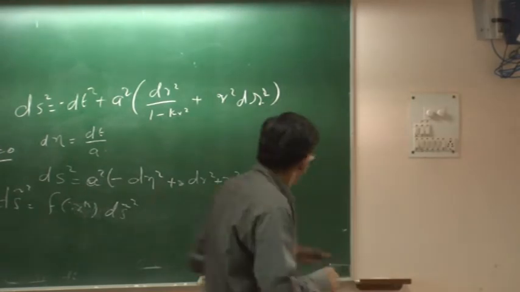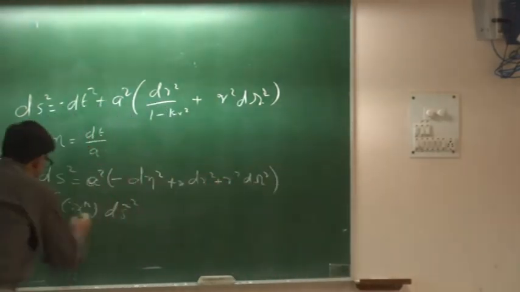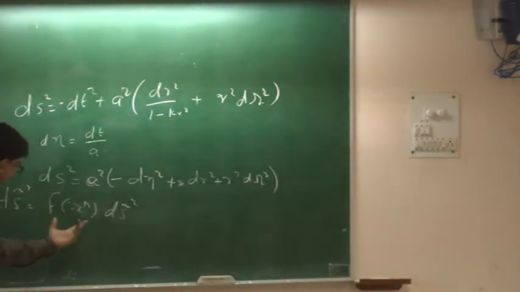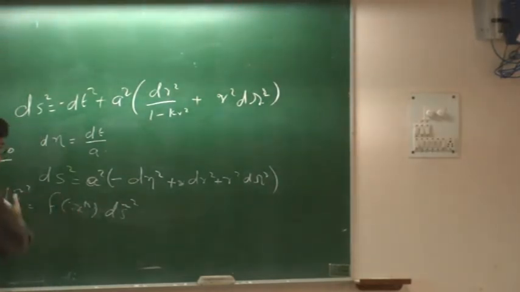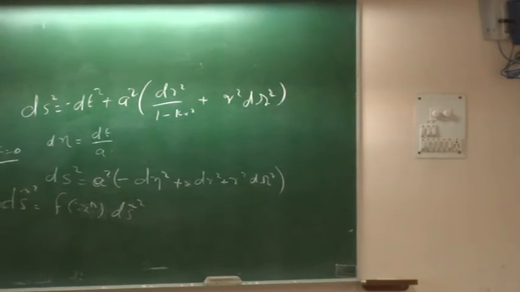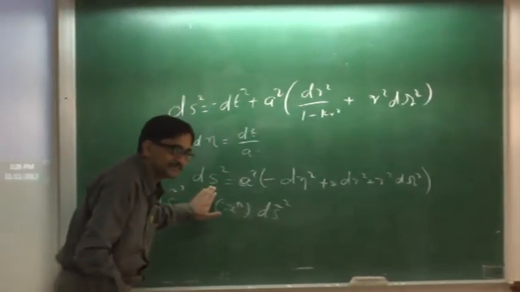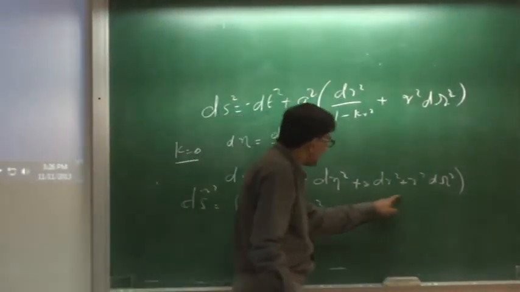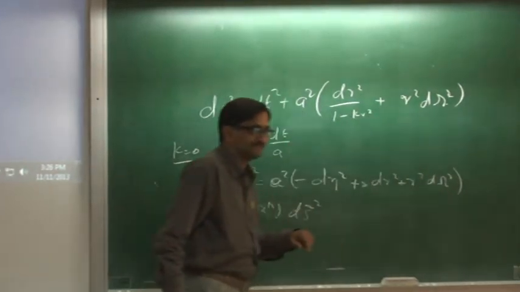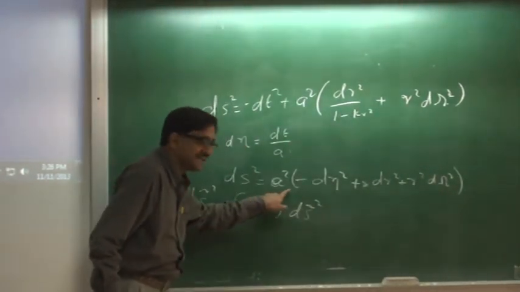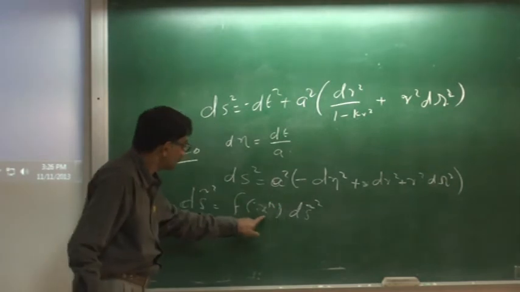So this transformation is a conformal transformation. The only thing is that this f should not be 0 or infinity, because the inverse should also be defined. That's all. This is exactly what has happened in the case of the Minkowski ds square. I have multiplied it with a, a function of time. More generally, it can be a function of x mu.